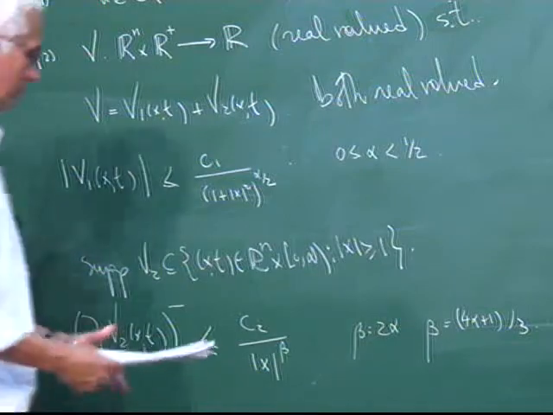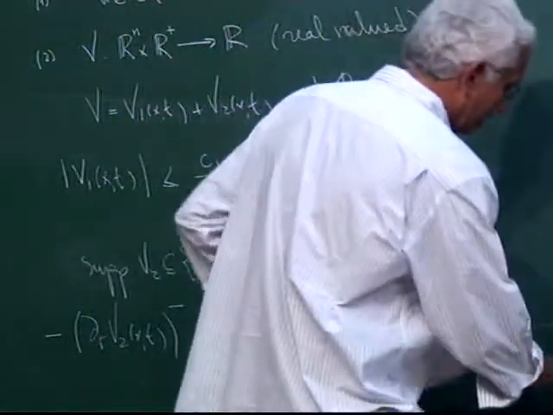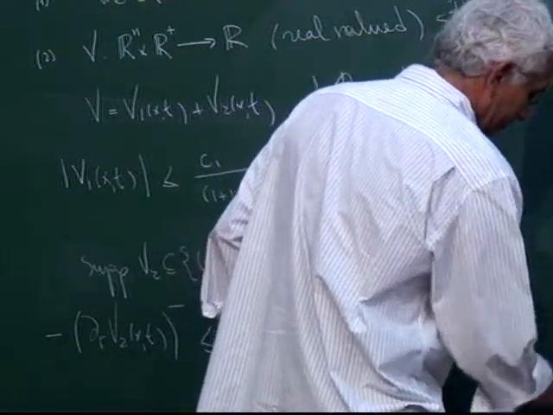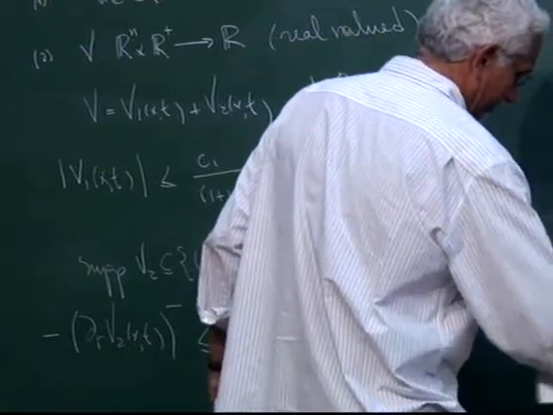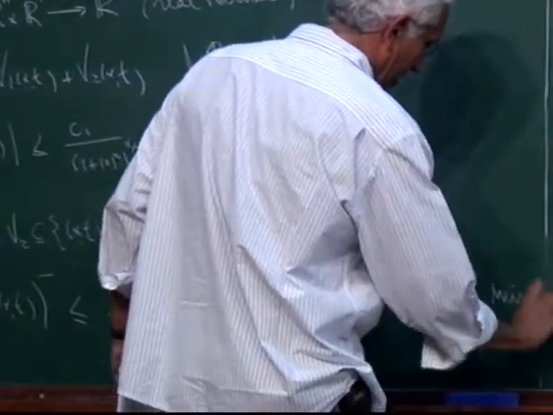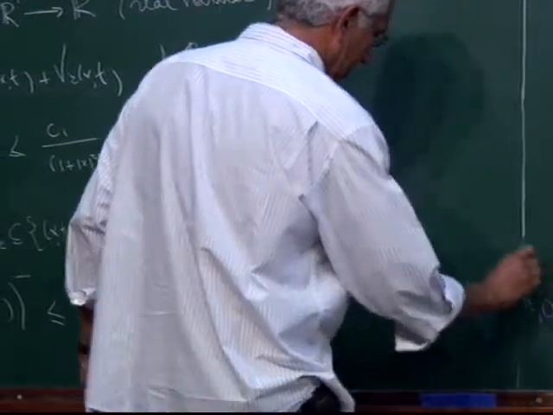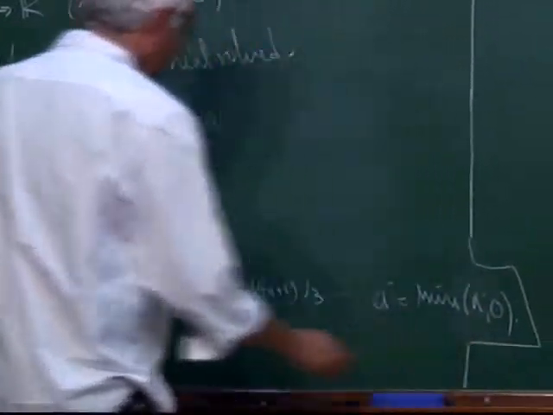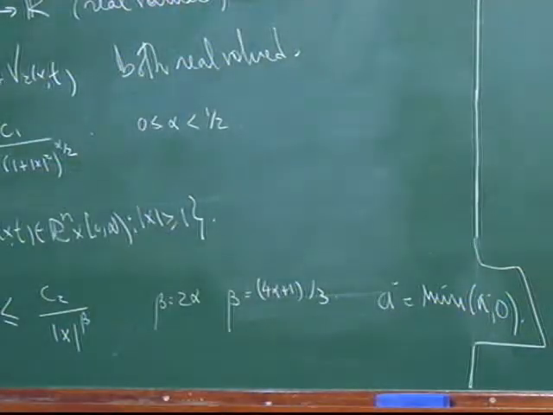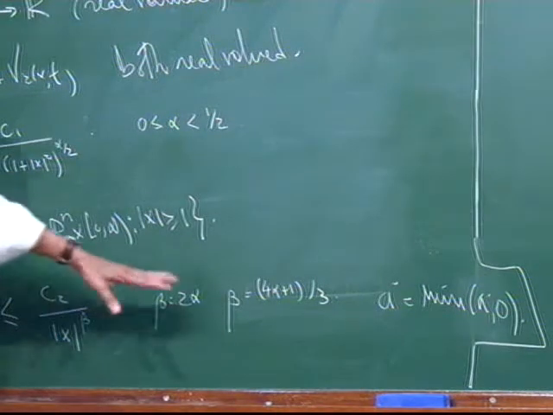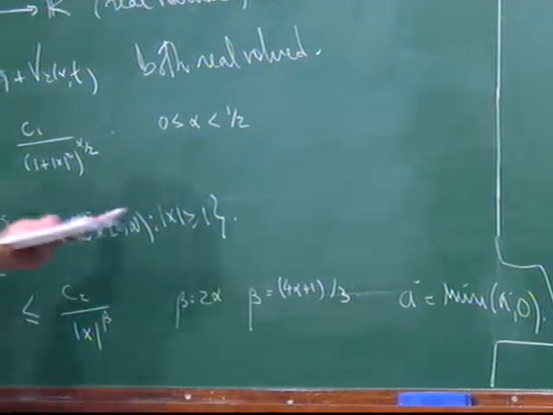What A minus means is the minimum between A and 0. That means you take the part where this radial derivative is negative, and then you change the sign, and this has to be bounded by some power that we have to decide.